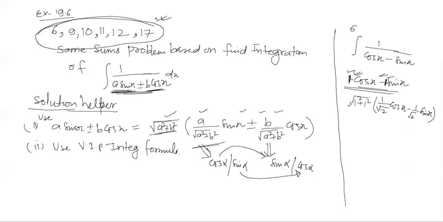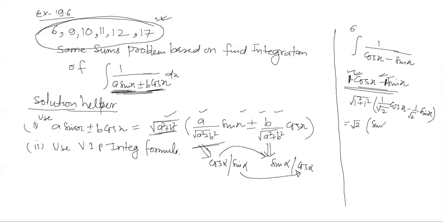And we just use this reduction formula. We do not change this value, keep it as it is, but in place of 1 by root 2, it would be the value of sine 45 degree, right?